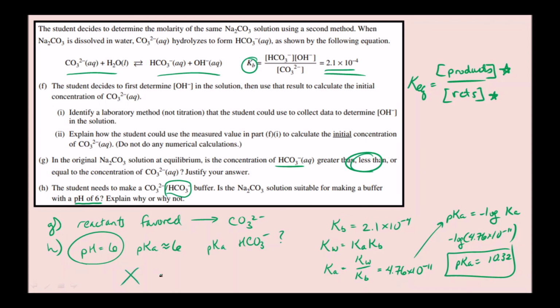So the sodium carbonate solution would not be suitable to prepare the desired buffer because the pKa of the weak acid that we would use for this buffer is not close to the pH of 6, that is the desired pH that we want to buffer. Since 10.32 is not close to the desired buffer pH of 6, the sodium carbonate solution would not be suitable to prepare the desired buffer.